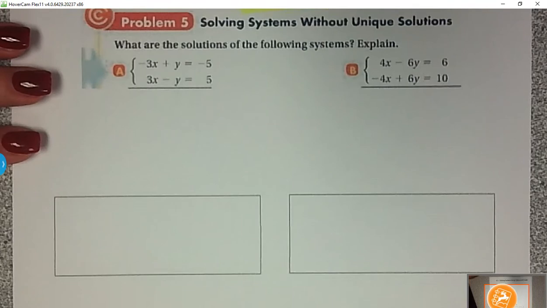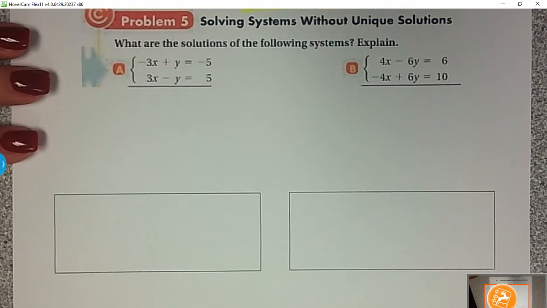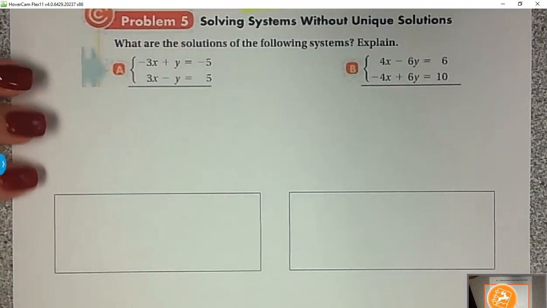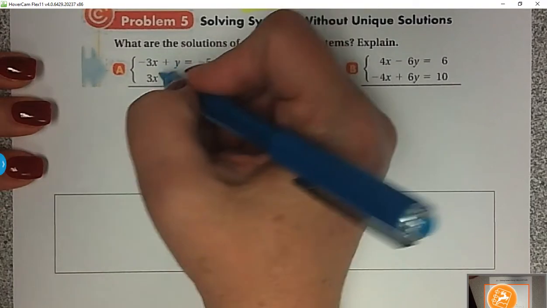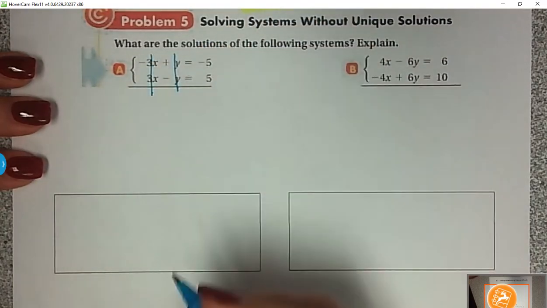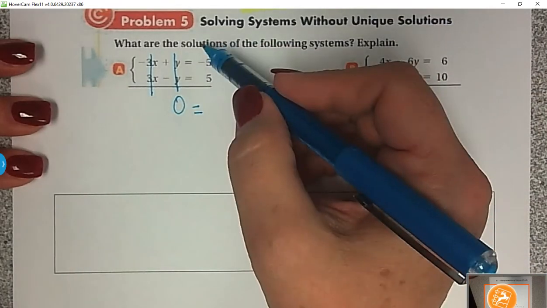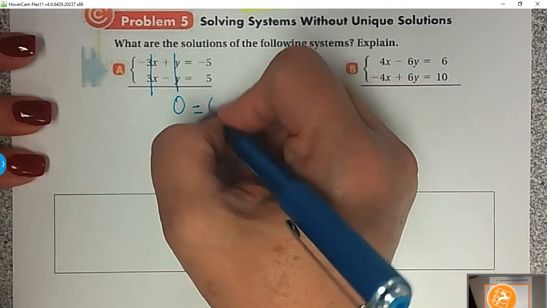And now, last two problems here. I want to talk about some systems that have some unique solutions. They just come out a little bit different. And these go pretty quick and easy. If you take a look by elimination, the x's and the y's cancel. You get 0 over here. Negative 5 plus 5 is equal to 0.